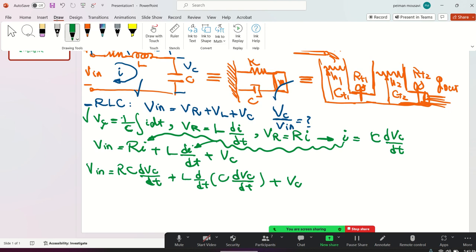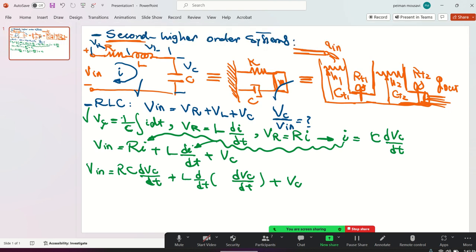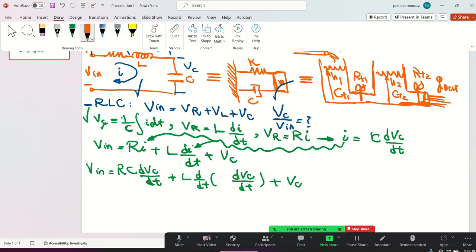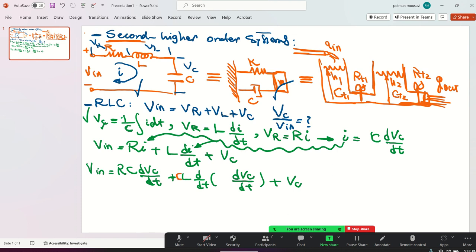C is constant, coming out, so we get Vin equals RC V dot c, the first time derivative, plus LC V double dot c, the second time derivative, plus Vc. Bingo.